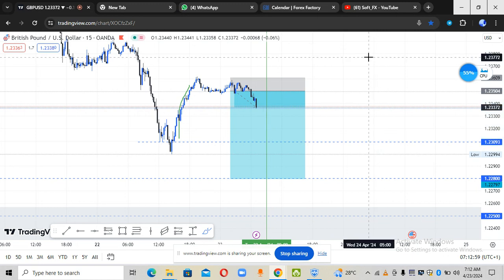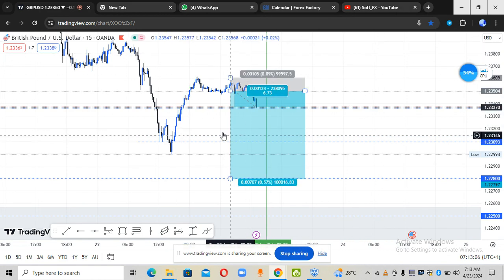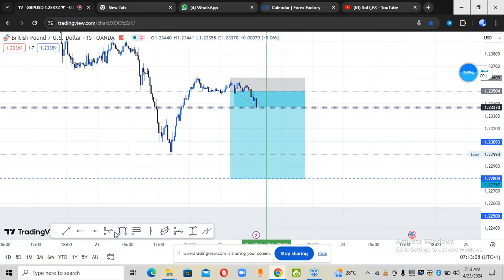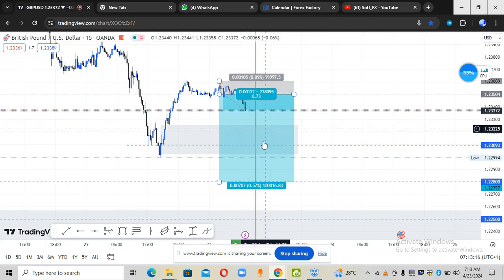But basically, irrespective of the news, what I'm expecting the British pound to do is to come down and take this level. This is the level where I'm expecting some kind of reaction.